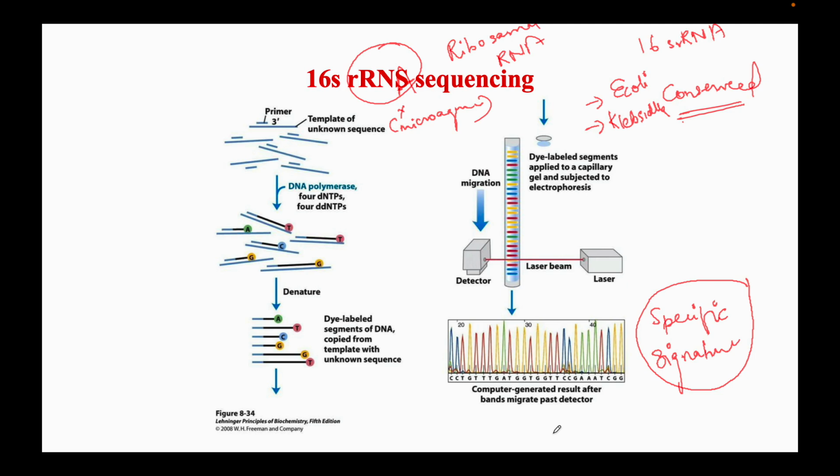By looking at the signatures, they can confirm that this X organism is actually E. coli, or this X organism is Klebsiella. This is also one of the applications related to nucleic acid hybridization. It utilizes the primer extension method, somewhat like PCR.